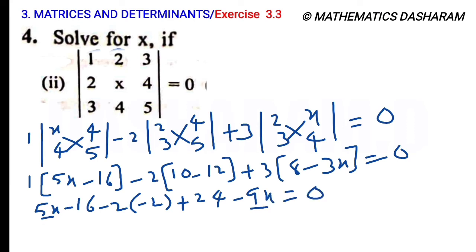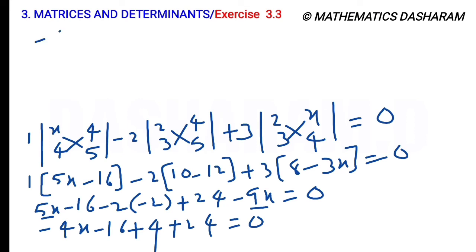5x minus 9x is minus 4x. Next, minus 16, minus 2 into minus 2 plus 4, plus 24 equals 0. So now minus 4x, and here minus 16 plus 4 plus 24 is 28, equal to 0.